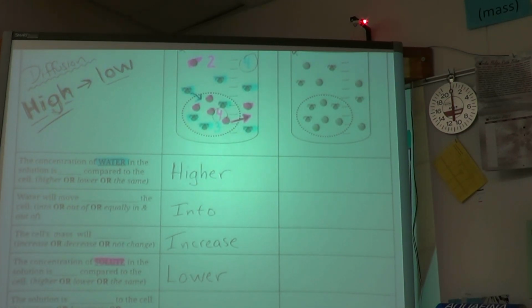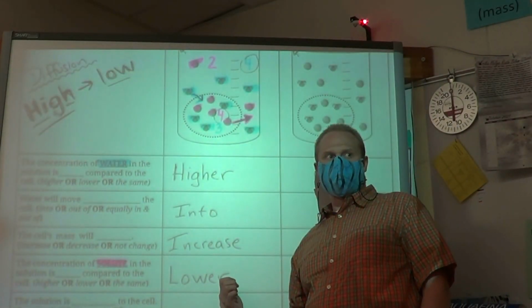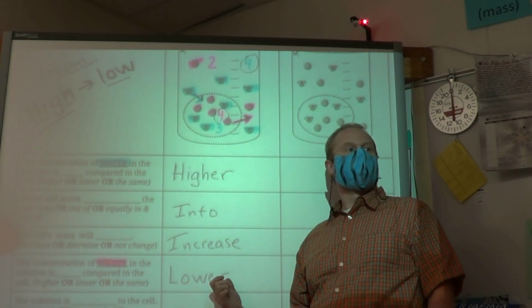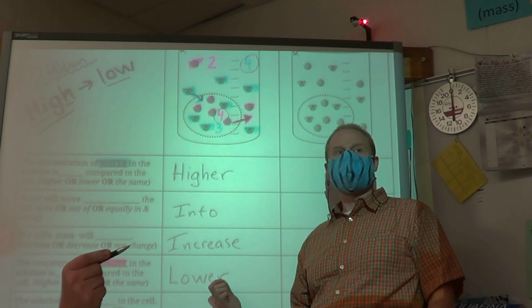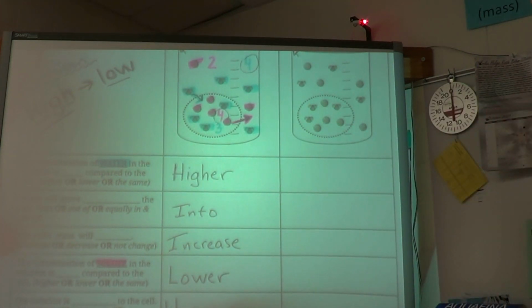What does hypo mean? Below, and iso means equal, right? So, is the solute concentration higher, lower, or the same? It's lower, so therefore it'd be hypotonic. This is a hypotonic solution compared to the cell.